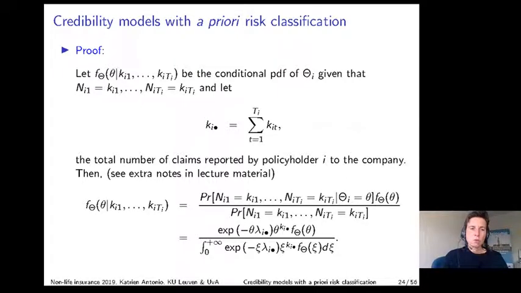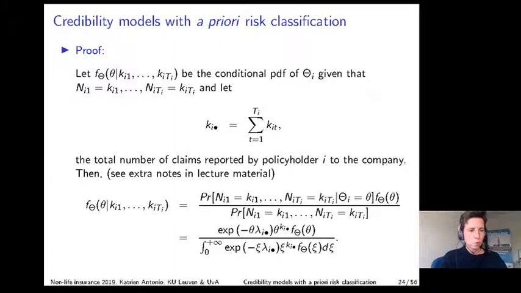Now the first equation in this expression rewrites the conditional probability density function as the joint distribution of theta and the random variables N_i1 up to N_iti, divided by the joint distribution of the count random variables. That's just a matter of applying the definition of a conditional probability density function.